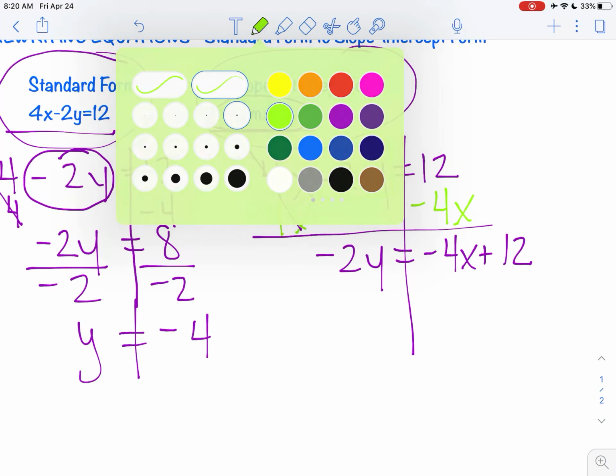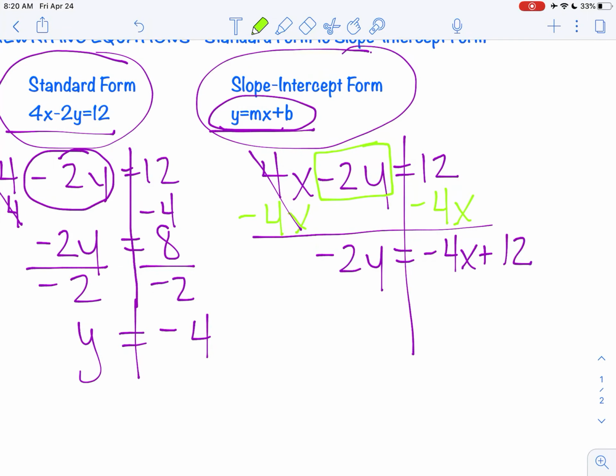Now we need to look at that and try to get the y by itself. We know from over here that we had to divide everything by the coefficient of y. So we're going to do the same thing here, only we need to divide each term by negative 2.